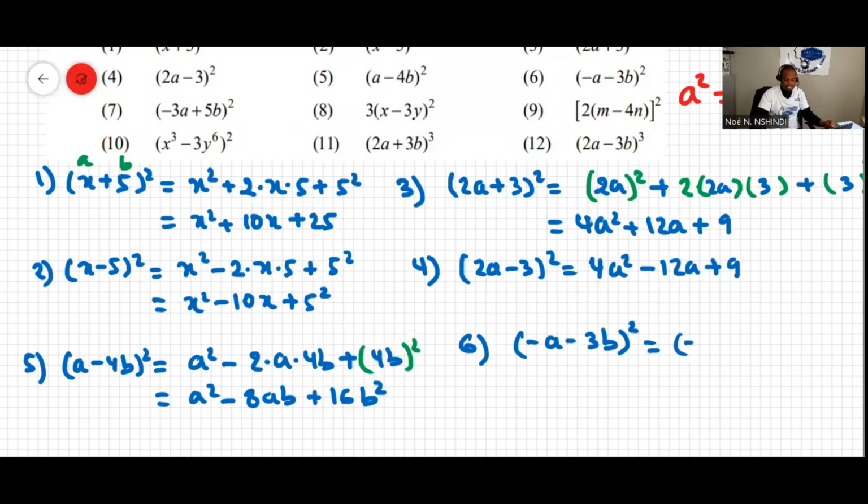Now, maybe I should do it this way. Let me explain. When you have negatives like this, we can take negative as a common factor, we can take negative outside the bracket.